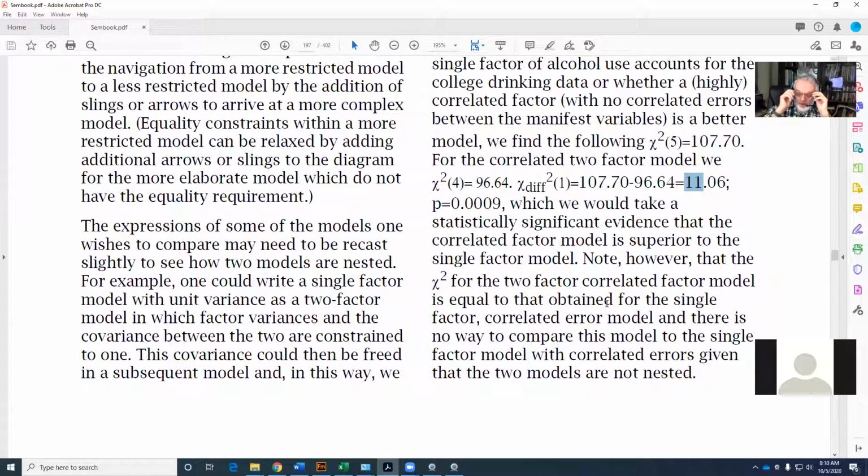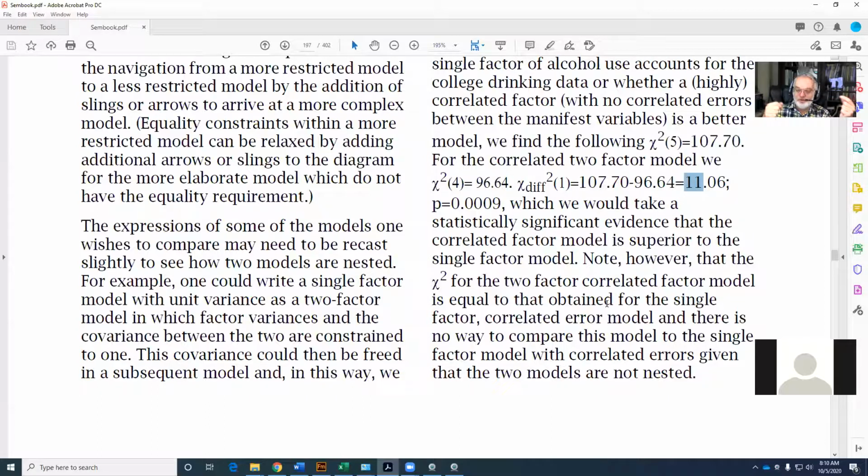It gets a little bit interesting if you're looking at testing whether there's one factor present versus there being 2 factors present that are simply correlated. And the way that we can think of those things as being nested is to say, well, under a more restrictive model, the 1 factor model, I'm going to constrain those 2 factors to have correlation 1.